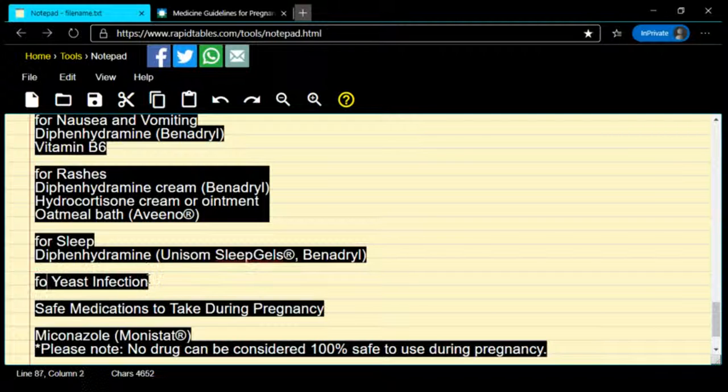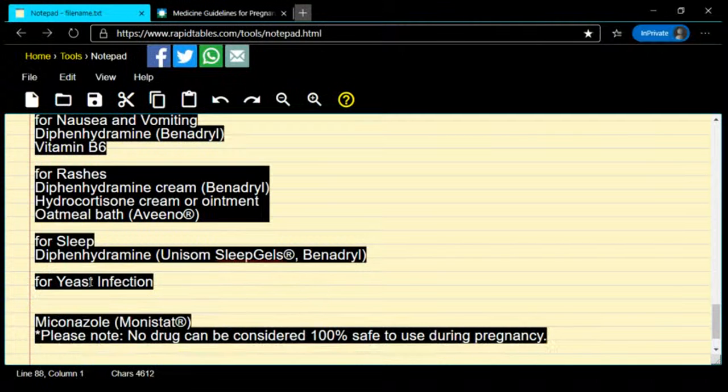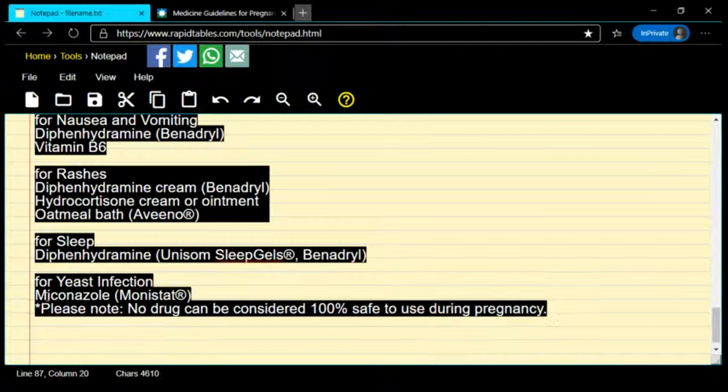And for treating yeast infection, we can use this remedy, which is called miconazole. The trade name is Monistat.